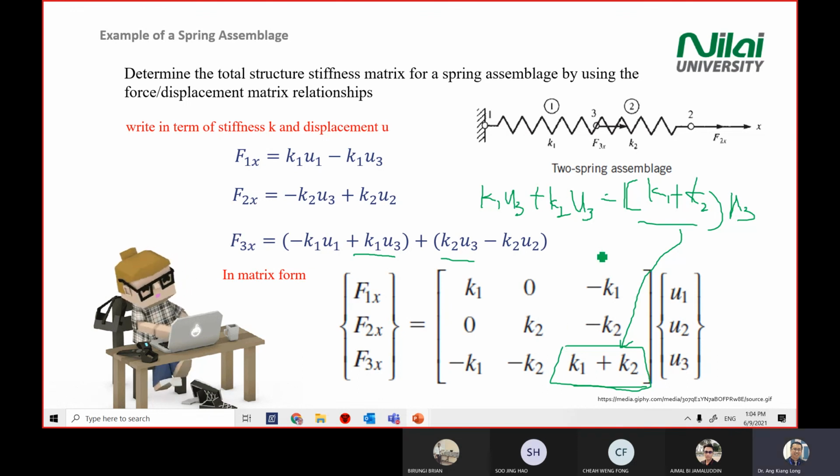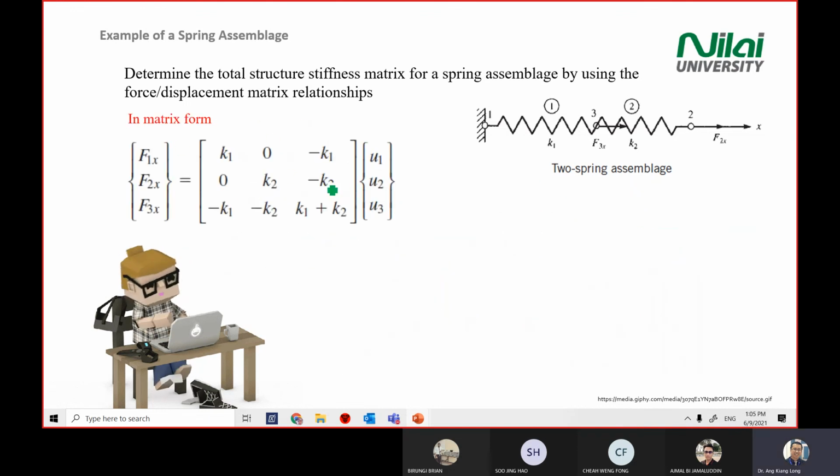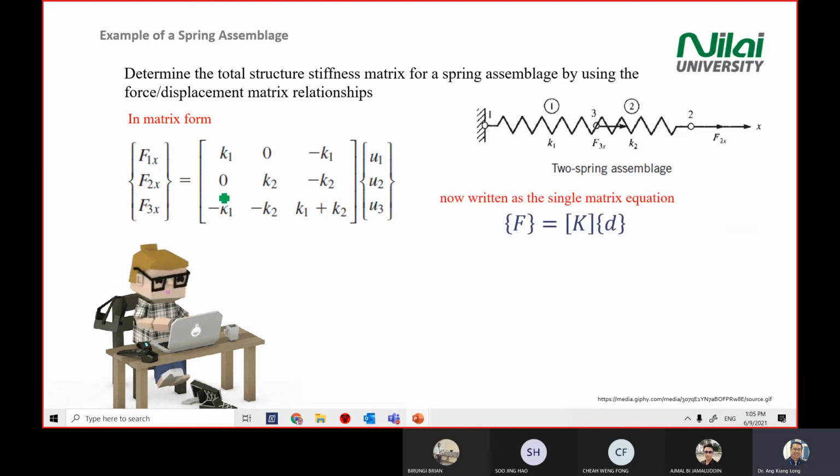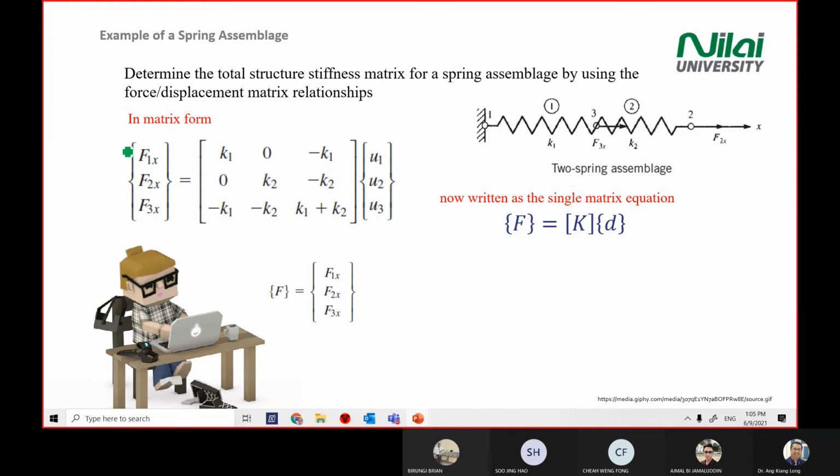All right. So this is the matrix form that we are looking for. If you compare with the general equation, capital F equals KD, your F is this one. We call it the global force matrix.